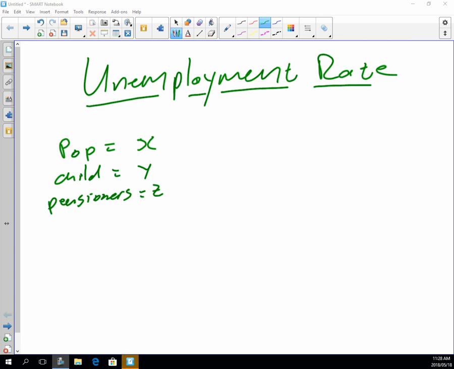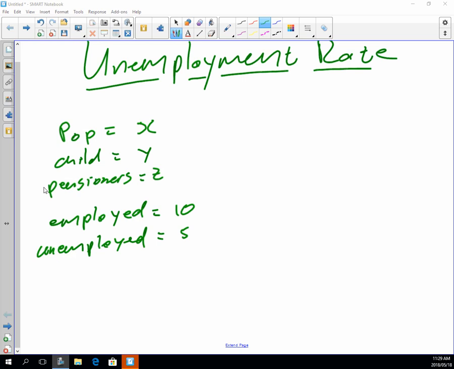The only two pieces of information that you need to calculate your unemployment rate, they would give you the employed and they would give you the unemployed. All right. So let's just assume that the employed is 10 million and the unemployed is 5 million. All right. So how to calculate your unemployment rate?